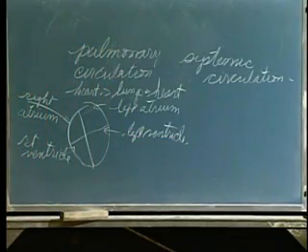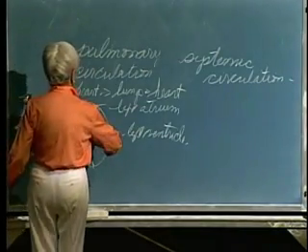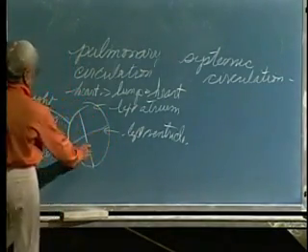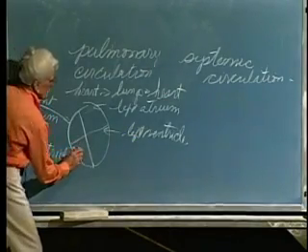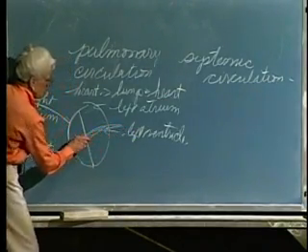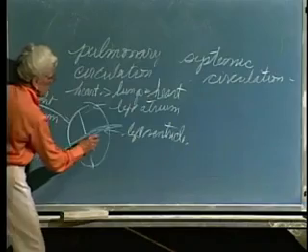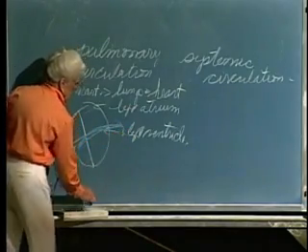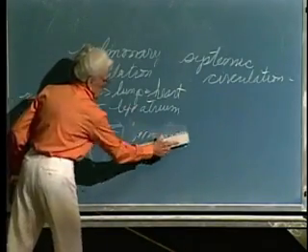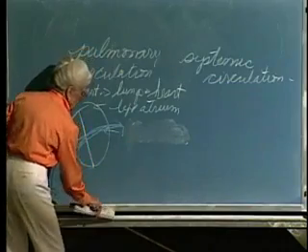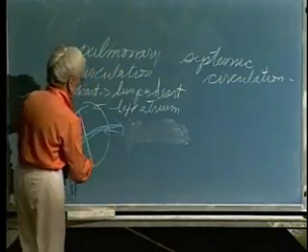So we're going to take the heart to the lungs. So we'll come out from our right ventricle. We're just going to put it crudely in here. This will go to the lungs.